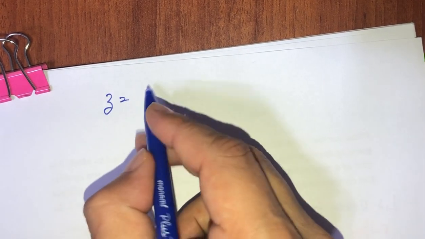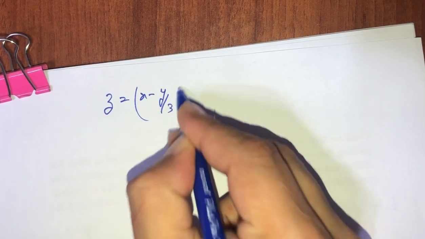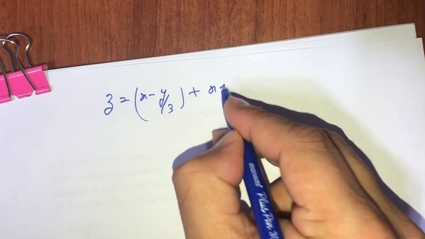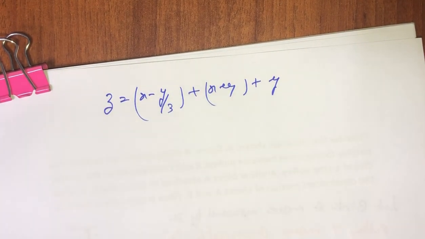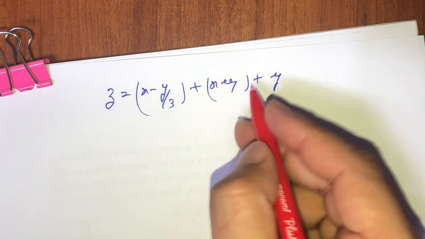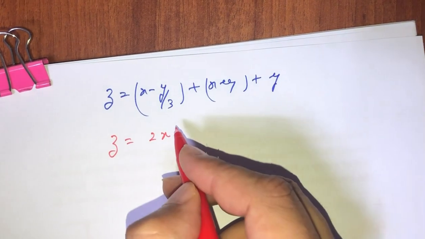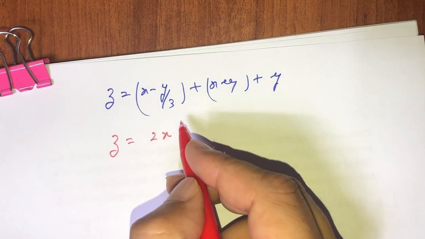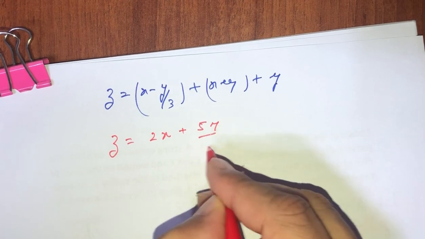If we substitute the values, z will be equal to x minus y by 3 plus x plus y plus y. We can further solve it and get z equal to 2x plus 5y by 3.